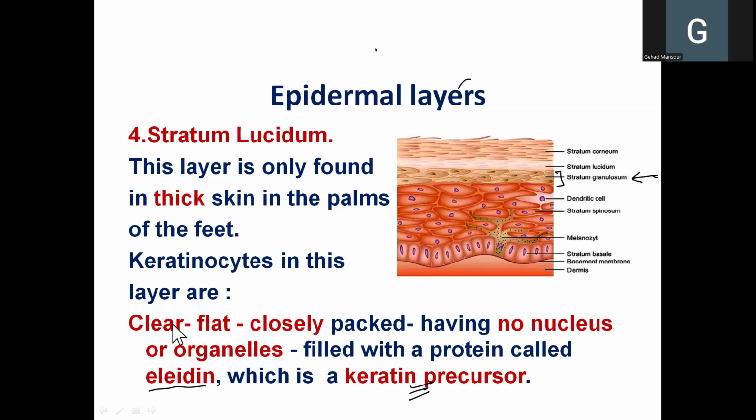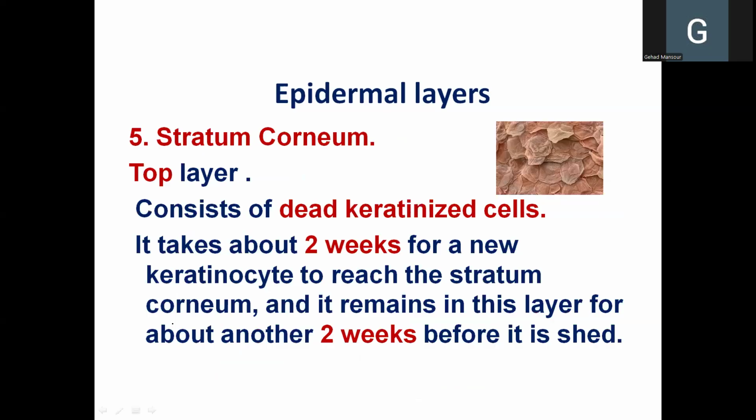And then comes the last layer, that is the fourth layer if we are in thin skin, and it is the stratum corneum. This is the top layer, and of course, as we reach this top layer, keratinization has been completed and the cells are completely dead. And of course, since they are dead, they will be shed away. What's the cause of death of the stratum corneum?